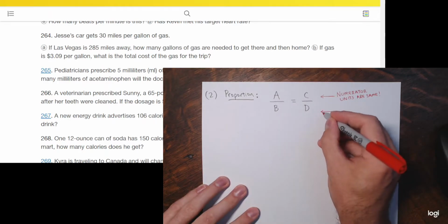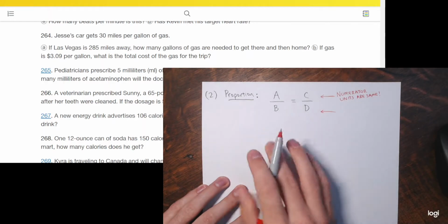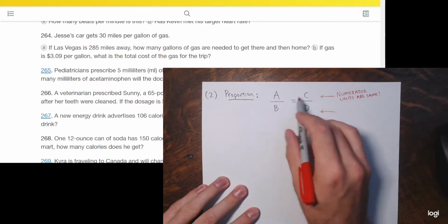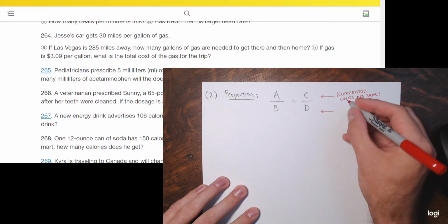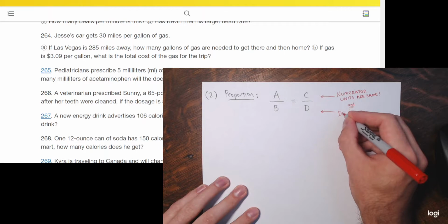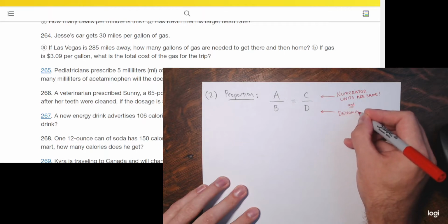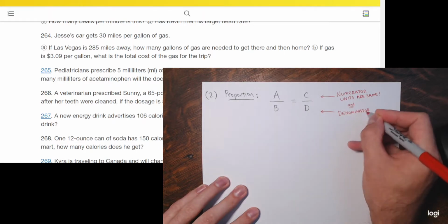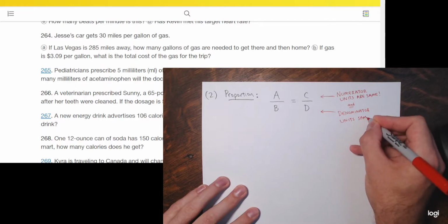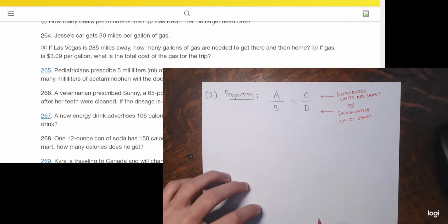Same thing for the denominators. When I set up a proper proportion, ratio equals ratio, rate equals rate, the numerator units should be consistent, and the denominator units should also be consistent. So keep that in mind.